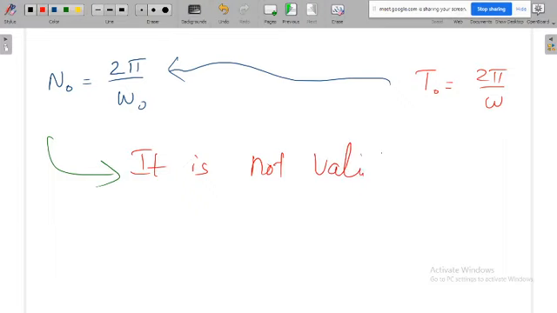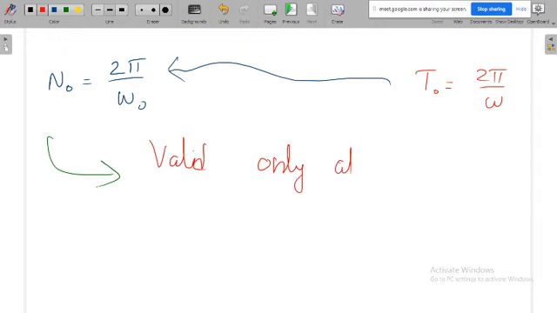That means it is valid at certain times. What is the meaning of this statement? It is not valid always means this formula is valid only at some times but not always.